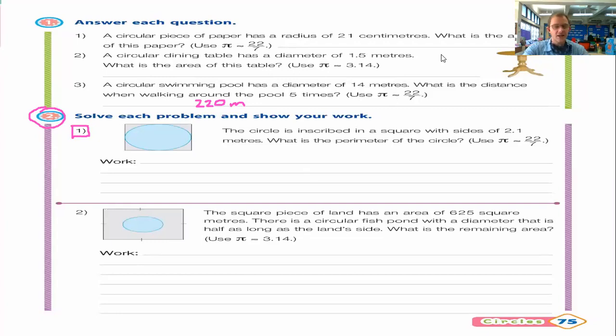So what they are telling us is that the square has sides of 2.1 meters here and here. So if we want to calculate the perimeter, we know that our formula is 2 pi r, with pi being 22/7 or 3.14. What will our radius be?